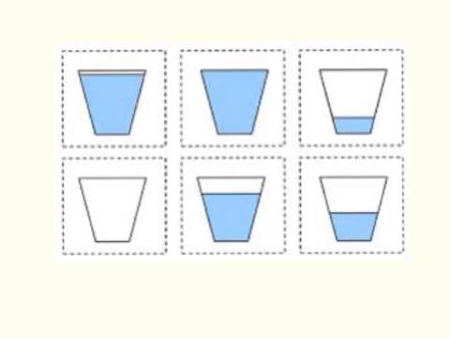So this one here, this first one, you can see that it's almost all the way up to the top, so it's almost full. So that's how we would describe that one, almost full. If we look at the next one, it's right up to the top, the water, so that one is full.